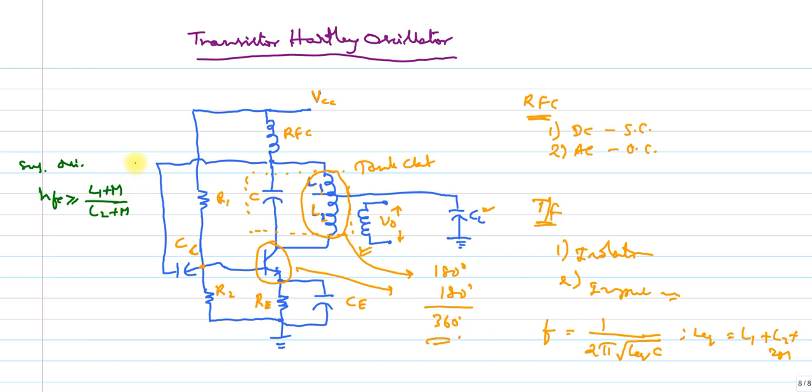If the mutual inductance is very small, we can neglect it, and hFE is greater than or equal to L1 by L2. This is the main concept in the Hartley oscillator. So in LC oscillators, based upon the elements, we have two types: the Colpitts oscillator and the Hartley oscillator. Based on the arrangement, we have to proceed.